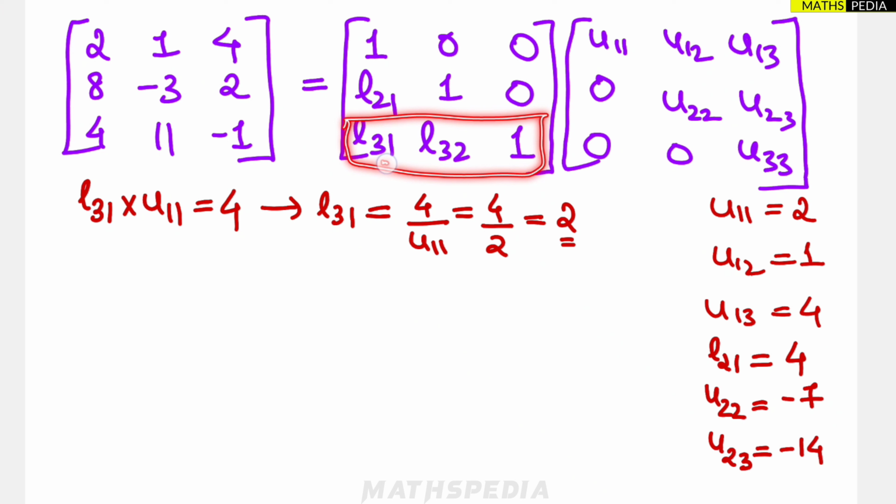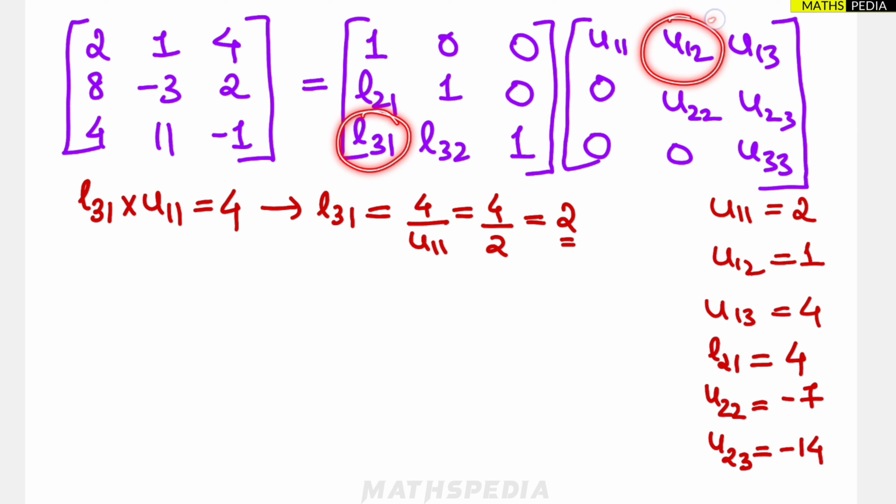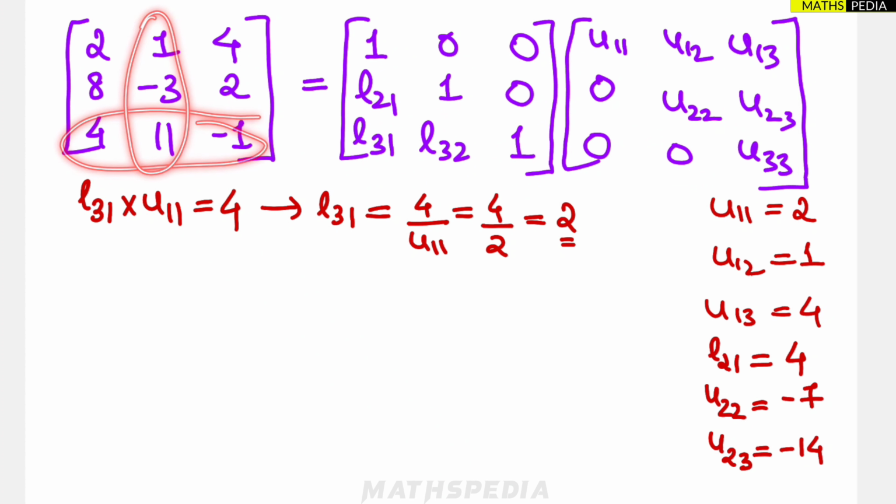Again the third row with the second column. So in second column, L31 into U12 plus L32 into U22 plus 1 into 0 equal to which one? Third row, second column, so this element 11.